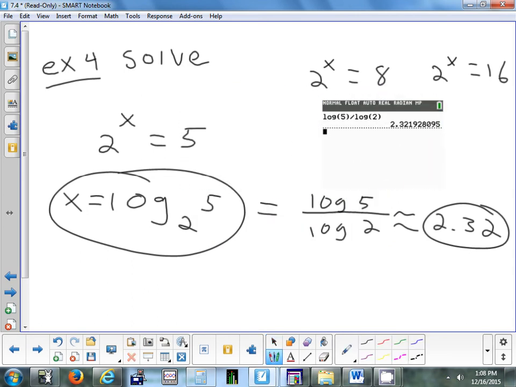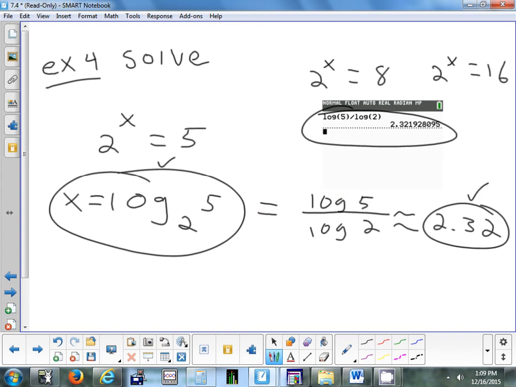Type it in just like that. Questions on this problem? So which would be the answer on the test? If they wanted it as an exact answer, you would leave it just like that. If they say round your answer off to 2 decimals, like that. They're both correct depending on the directions.